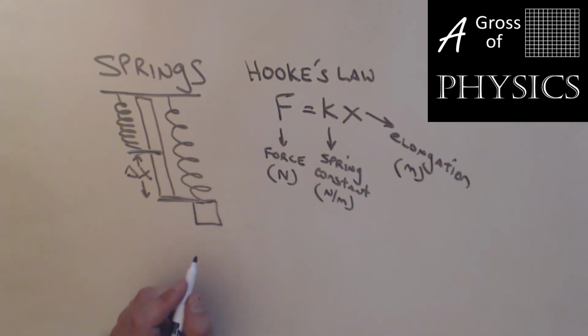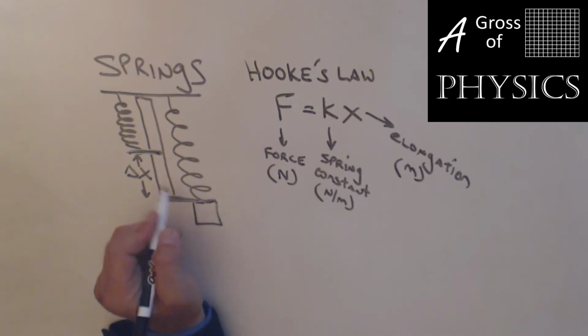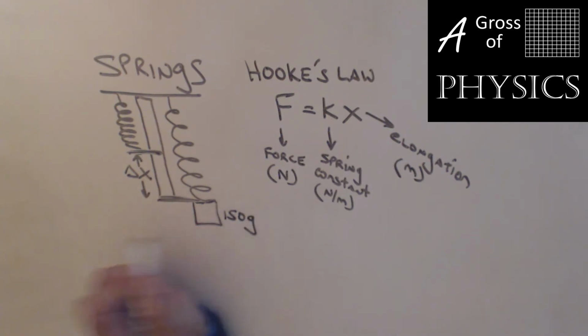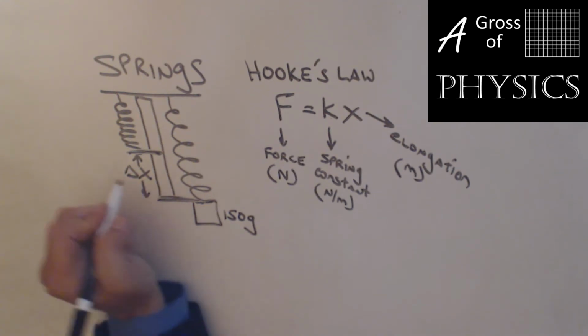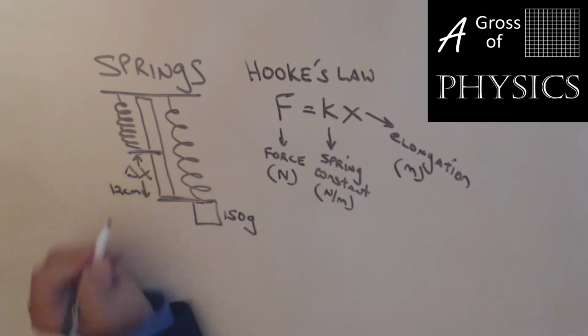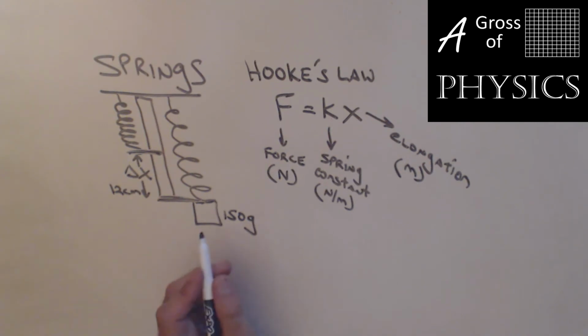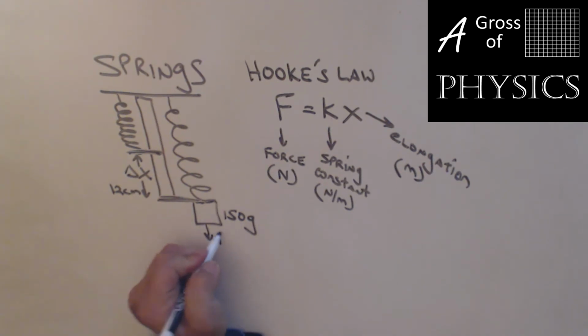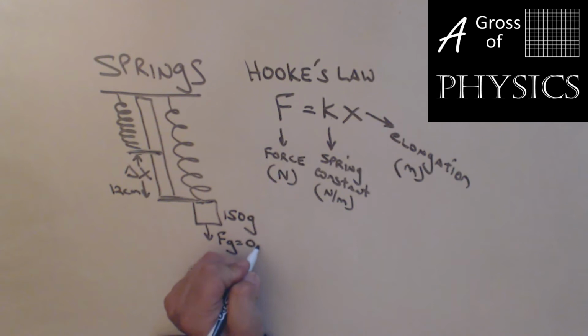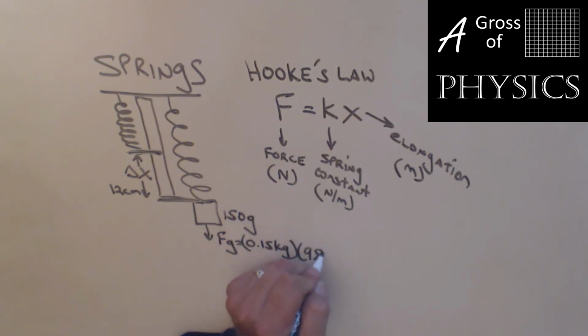Now in the problem we're looking at here, this is where I put 150 grams on it, and this stretch is 12 centimeters. That being the case, the force is going to be due to the force of gravity, which is 0.15 kilograms times 9.8 meters per second squared. So you have 0.15 times 9.8, and you get 1.47 newtons.